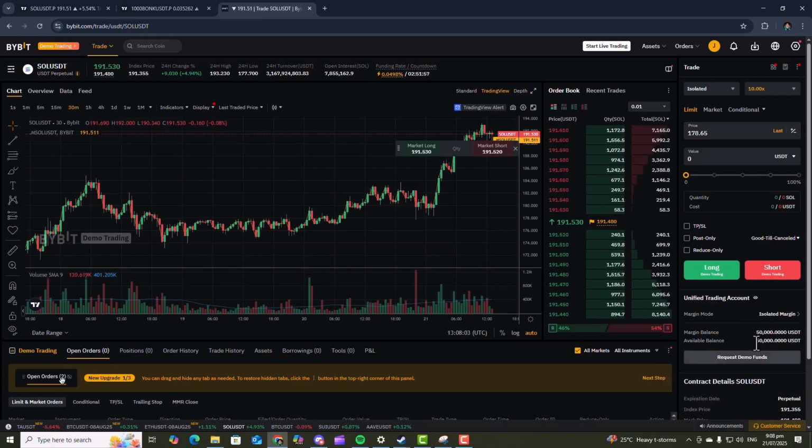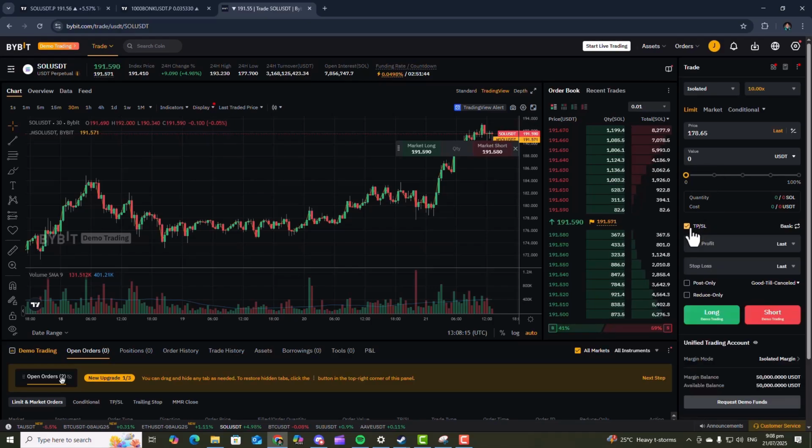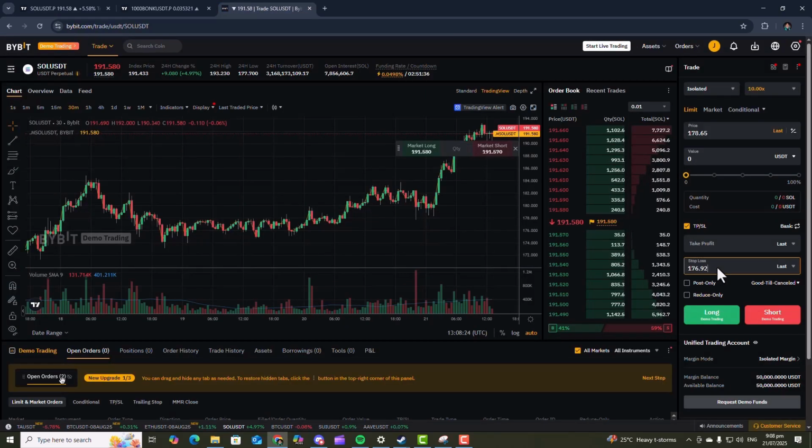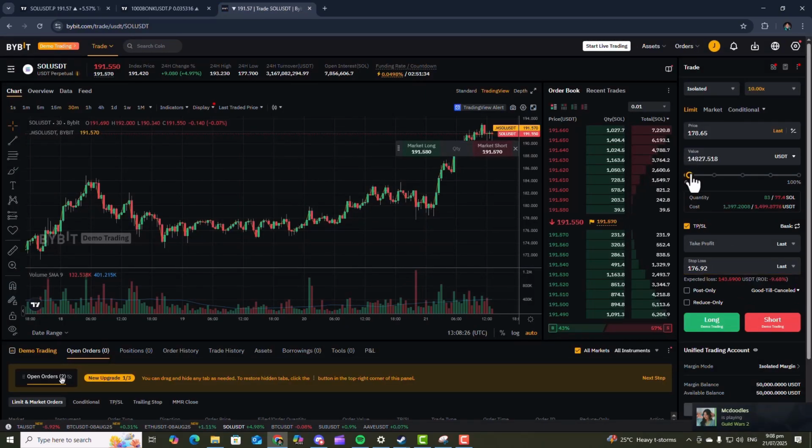So for this specific account, I have $50,000. The rule of thumb is you only risk 1%, which is 500. Make sure to click on TPSL. Now go back here, click on the stop level. At this point, you can see the expected loss.